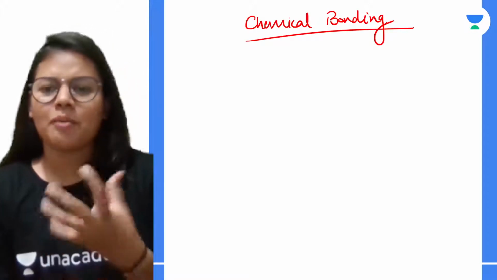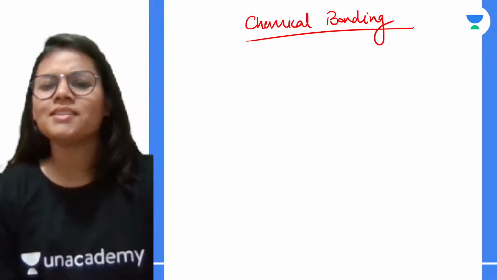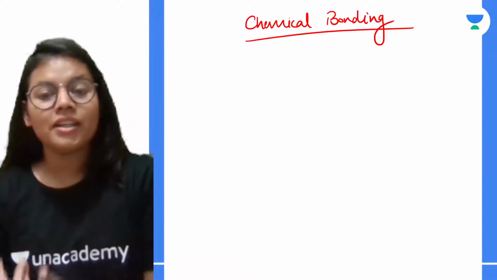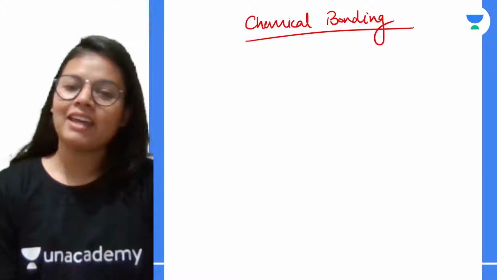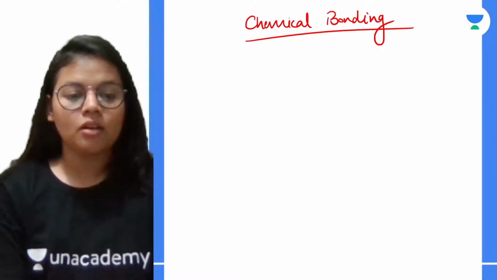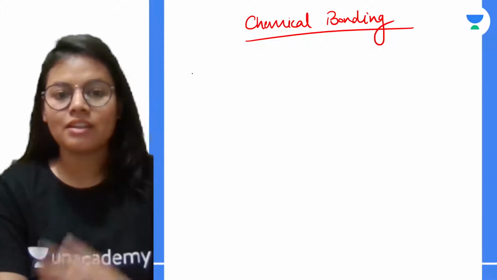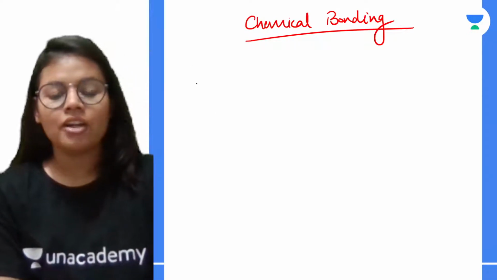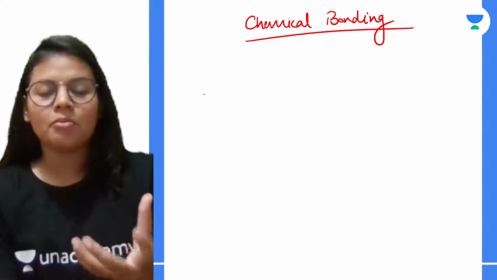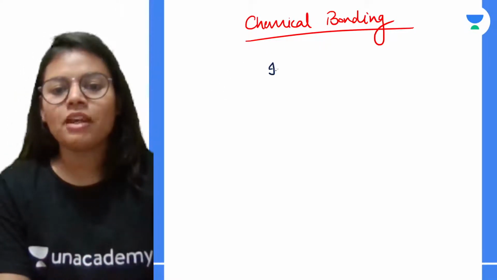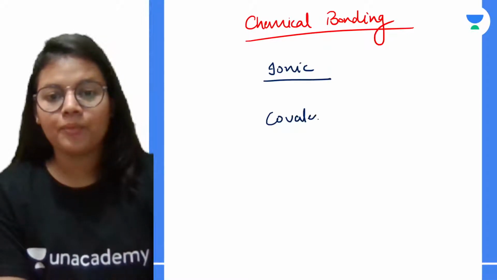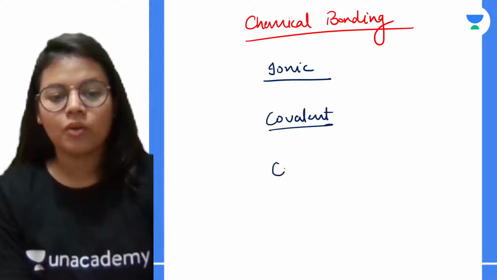So let's get to know the chapter a little, and see what things are in it, because we have already completed a certain part of it. I'm very fine, thank you so much. This particular chapter, chemical bonding, consists of several parts, and if I talk about the whole chapter, it is only about bonding. In it we are going to learn about three types of bondings: ionic, covalent and coordinate.